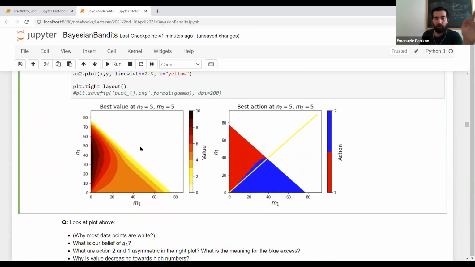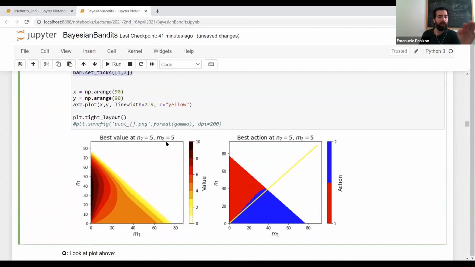And now what I have is the solution for n2 equal 5. Since the belief space is 4 numbers, it's very hard to make any reasonable plot in this space.